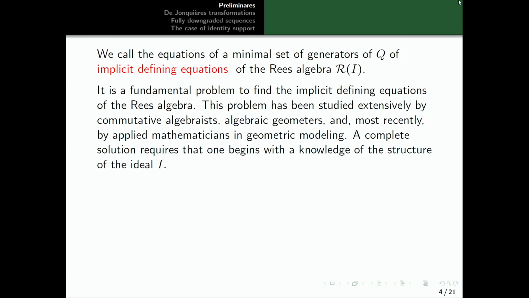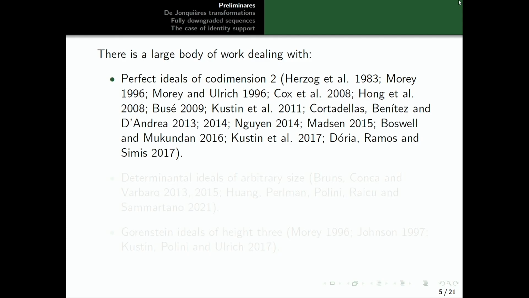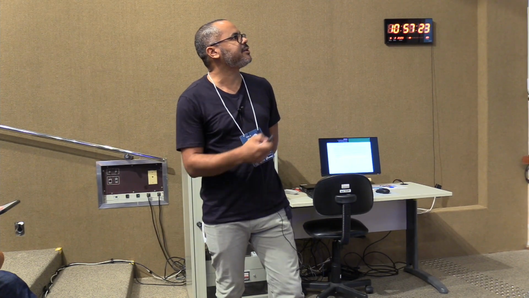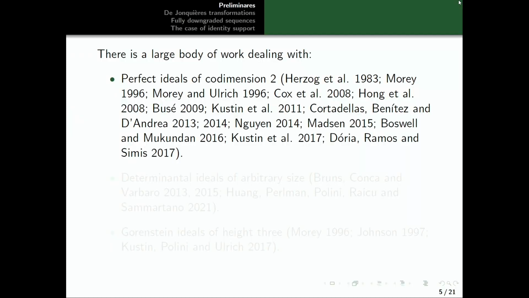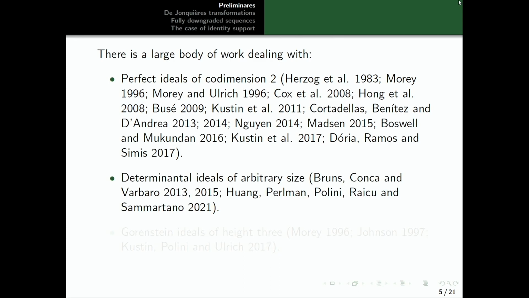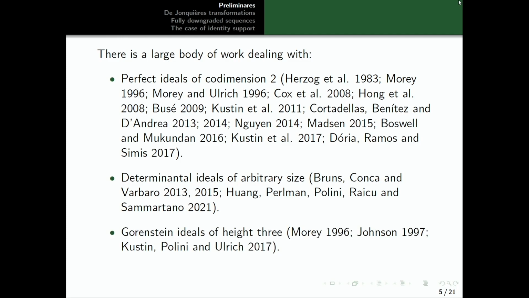Some ideals where these implicit defining equations are known are perfect ideals of codimension 2, determinantal ideals of arbitrary size, Gorenstein ideals of height 3.